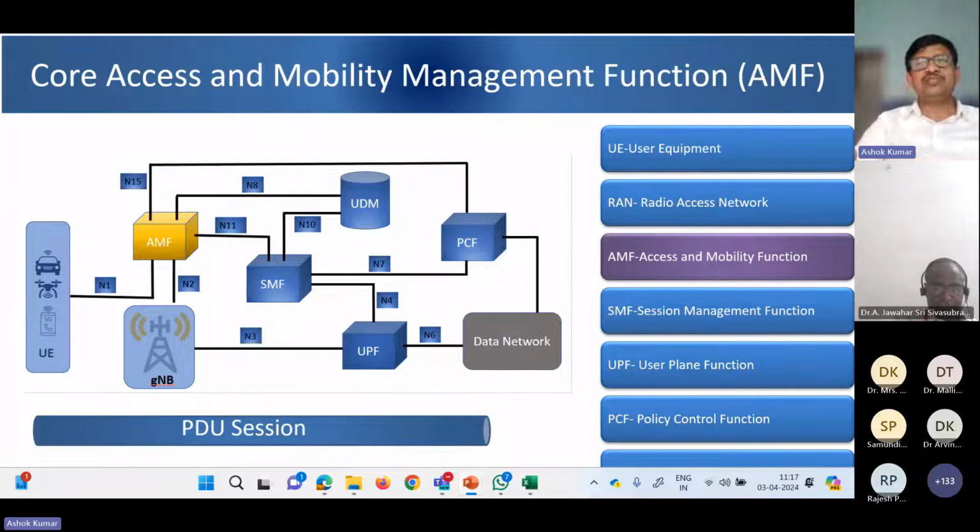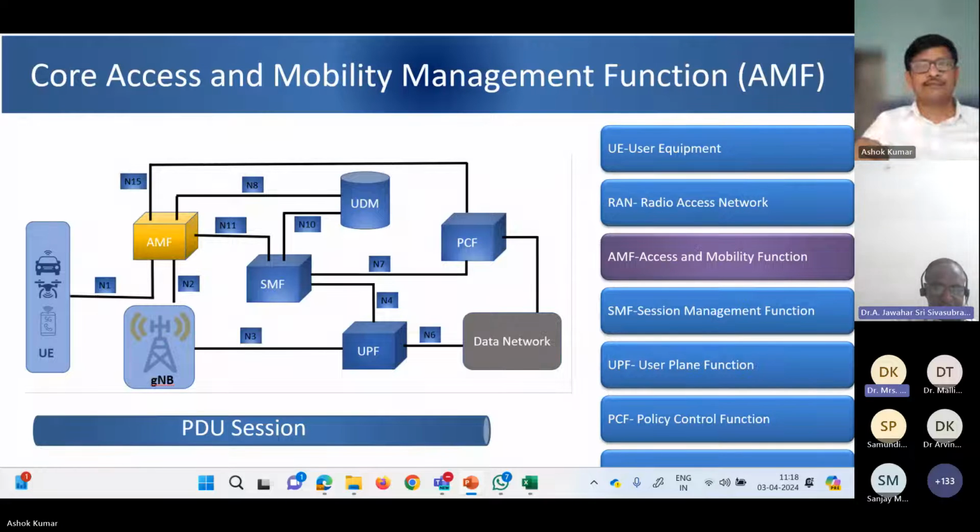So PDU session is created to support user plane data, and I'm not talking about the control plane data. After authentication and authorization, if the connection is already made, a UE is now connected and utilizing the service, that is the scenario I was trying to explain: how a PDU session gets created, and how different QoS flows are added into the PDU session for different quality of service.